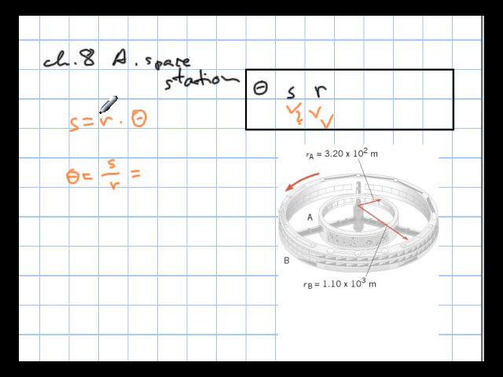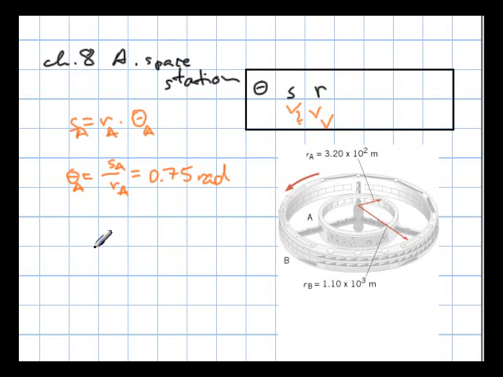This is all for chamber A. It is 240 meters divided by 320 meters, and that comes out to 0.75, and that is in radians. If you want to know how much that is in degrees, just out of curiosity, multiply by about 50 or 60, so in the neighborhood of 45 degrees.